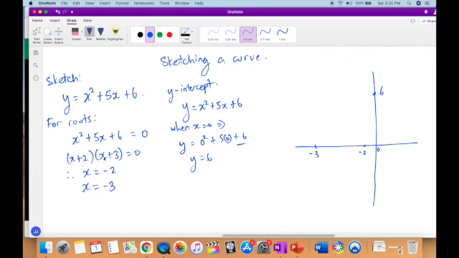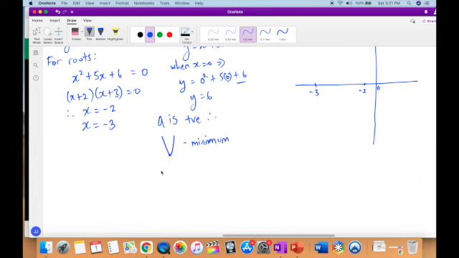So now we have the roots of the equation, and where it cuts the y-axis. And a is positive, therefore we know it'll be shaped like this. What we call this is a minimum. You can see the minimum is where the turning point is at the bottom. So when a is positive, you have a minimum.